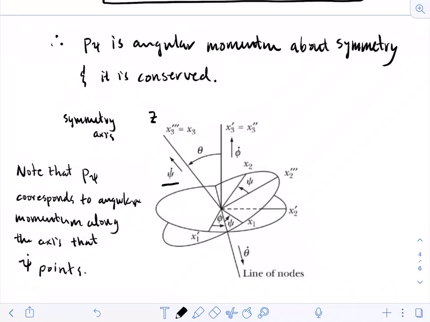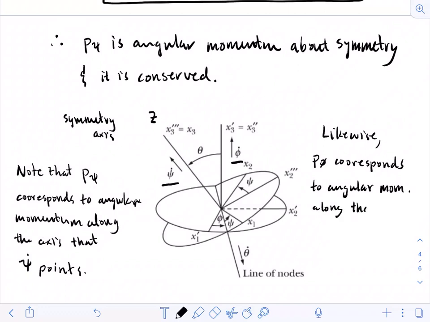Okay, well, the same thing is true of phi dot. And so we could say likewise, p phi corresponds to the angular momentum along the axis that phi dot points.